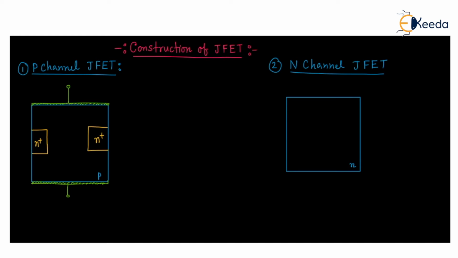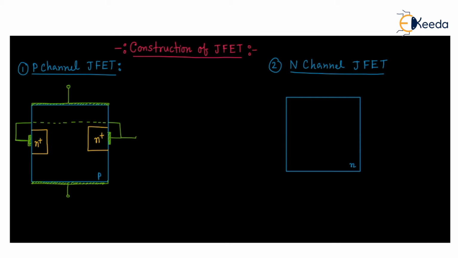So this is the device right now, and there will be another metal connection on this N plus region like this, and another metal connection on the other N plus region, and these metal connections will be connected in the back to each other.